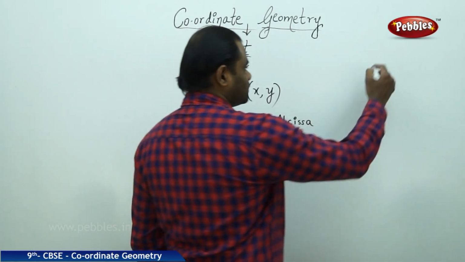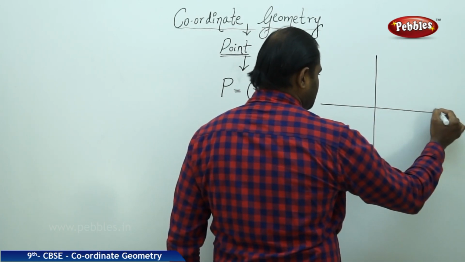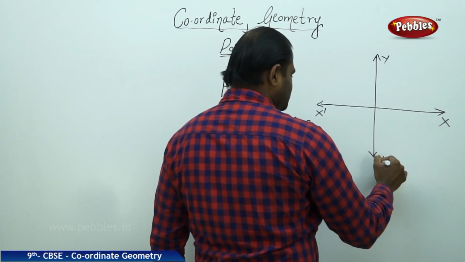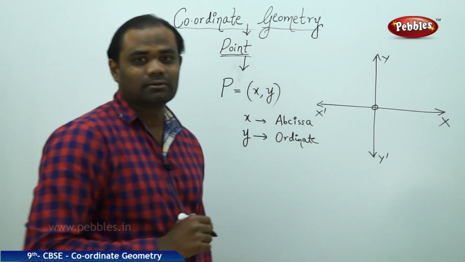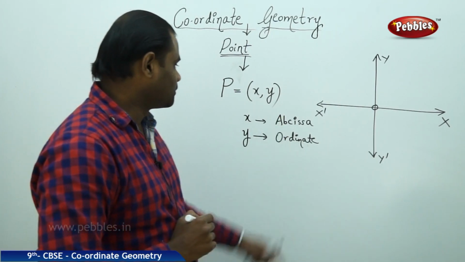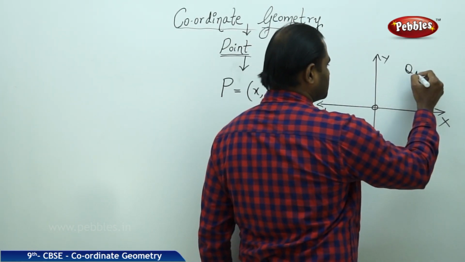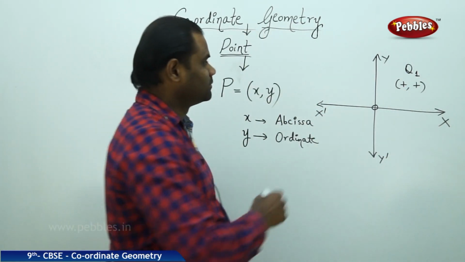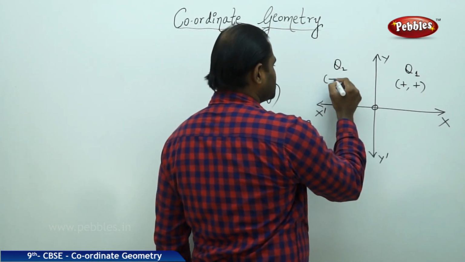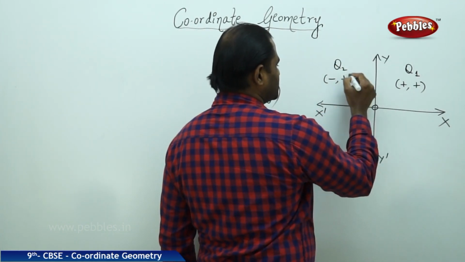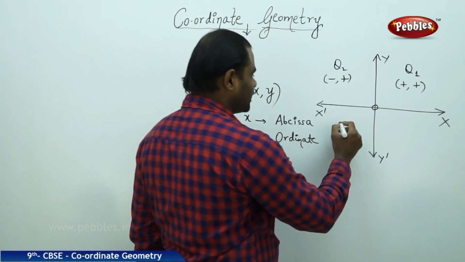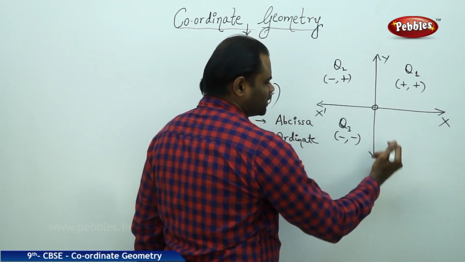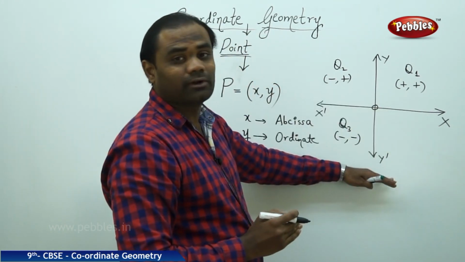So when we take a recap of the coordinate system, we understand that x dash and y dash are taken in the Cartesian plane with origin being the intersection point of the lines. Then in the first quadrant the abscissa is positive and the ordinate is positive. In the second quadrant the abscissa is negative and the ordinate is positive. In the third quadrant the abscissa is negative and the ordinate is negative.